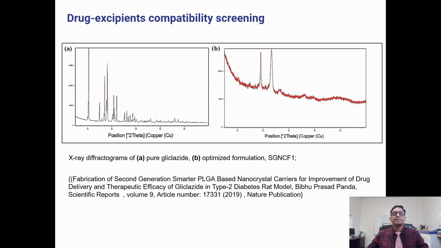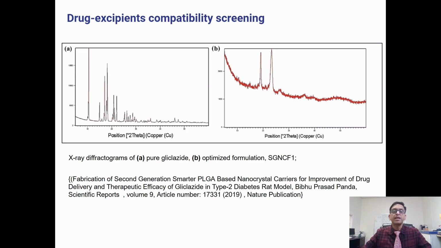This slide depicts that a drug excipient compatibility study can be carried out using XRD, X-ray diffractometric methods, where this example indicates the pure drug glycolide and, after making a formulation, if the drug is compatible with the excipients, the characteristic nature of the drug is retained, whereas the other characteristics of the excipients or certain parameters will be blended or merged together with the drug.